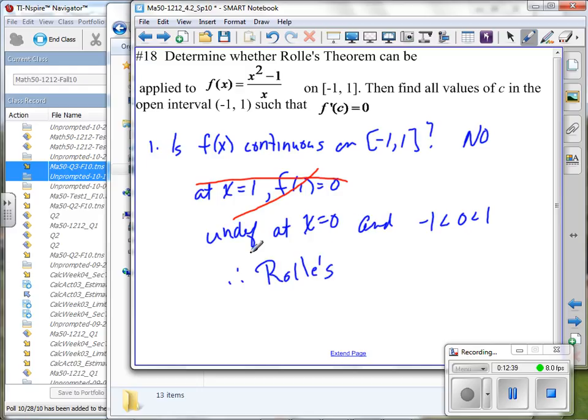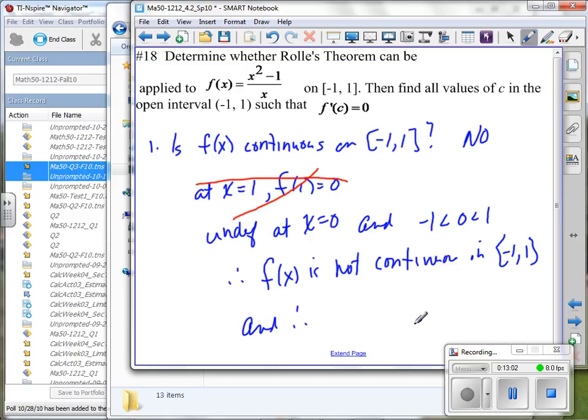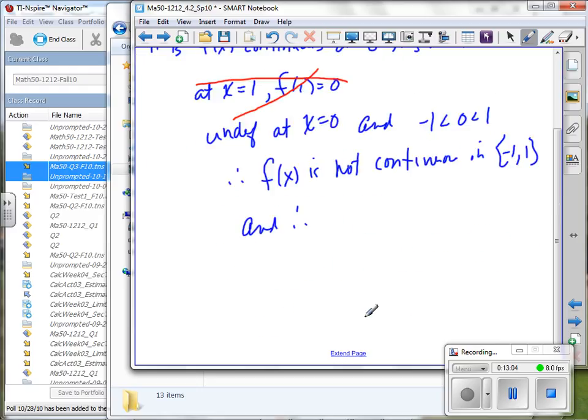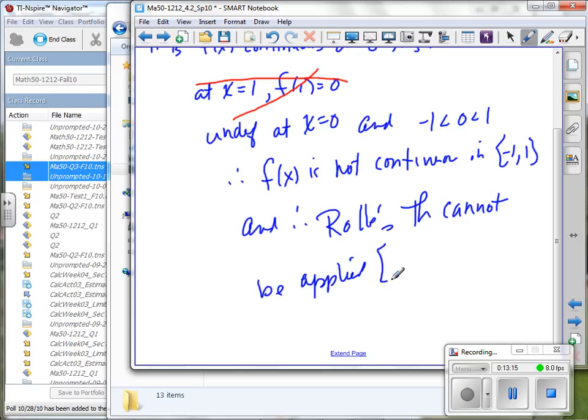Okay, so therefore, we'll put that down, Emma, first. Therefore, f of x is not continuous in the interval from -1 to 1, and therefore, what's my conclusion? Rolle's theorem cannot be applied. Which means what?